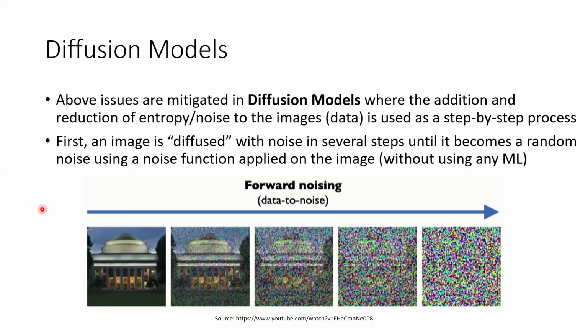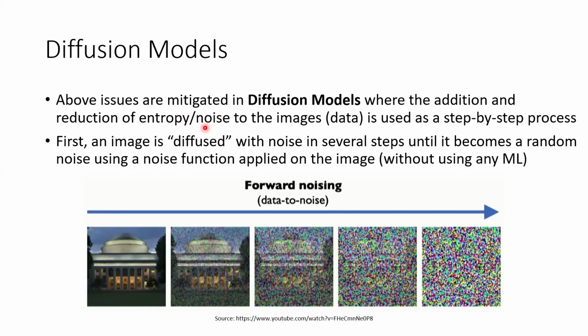In diffusion models, we use another somewhat different concept known as diffusion. Diffusion means added entropy or noise into the images, which is influenced by the theory of thermodynamics or physics, right?